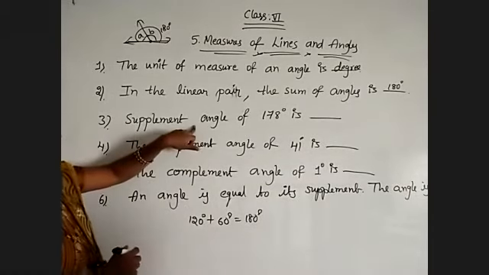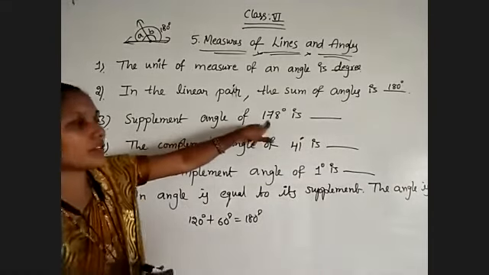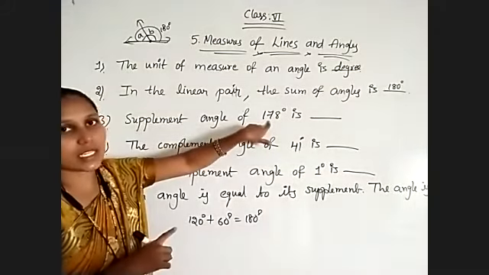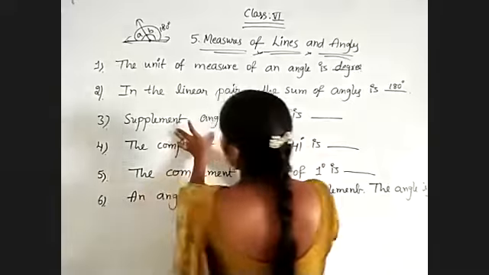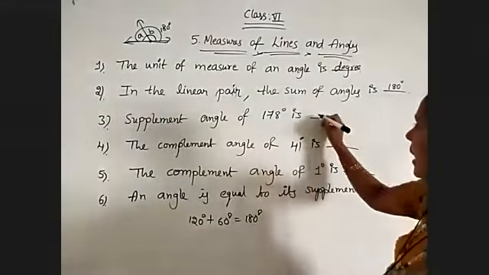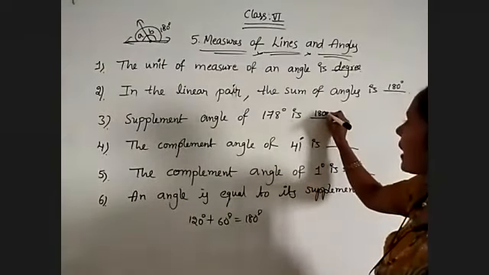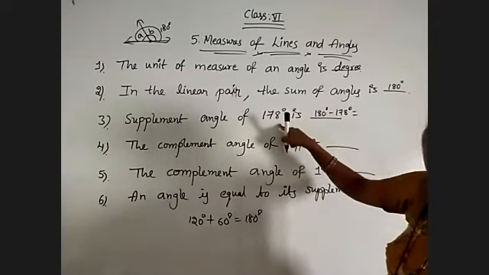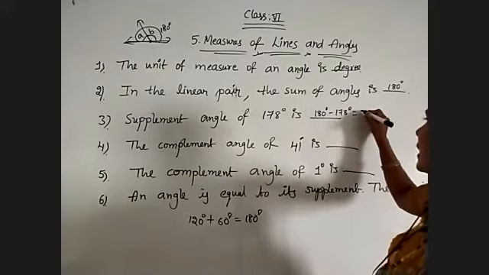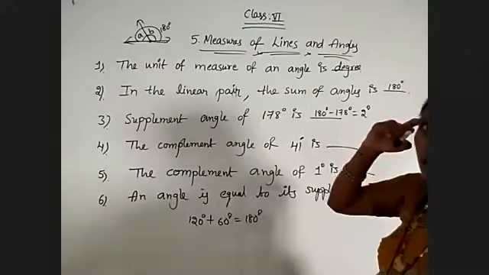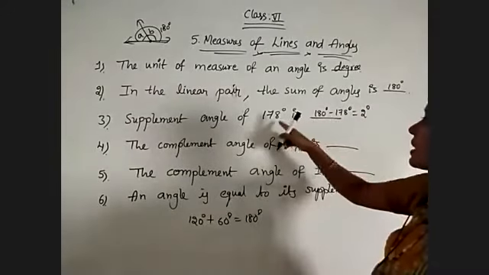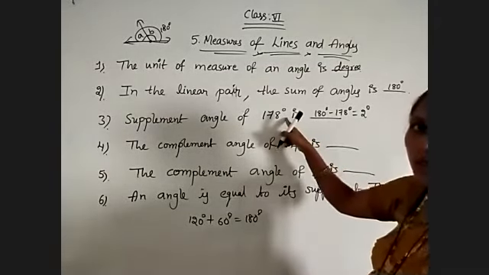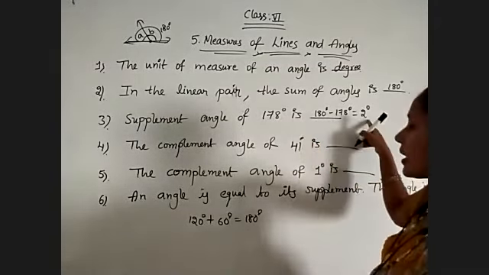In the same way, we need to find what number added to 178 gives 180. Supplement of any angle x is given by 180 minus x. So here x is 178 degrees. 180 minus 178 is equal to 2 degrees. Directly you can write 178 plus 2 equals 180, so 2 degrees. No problem.